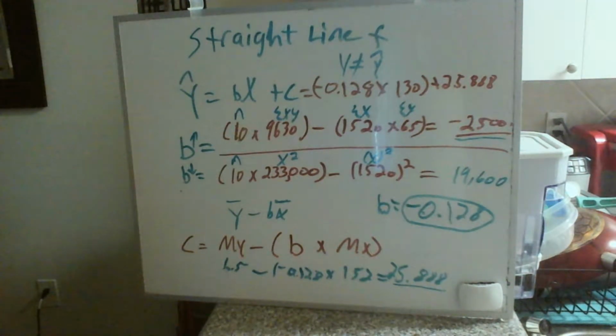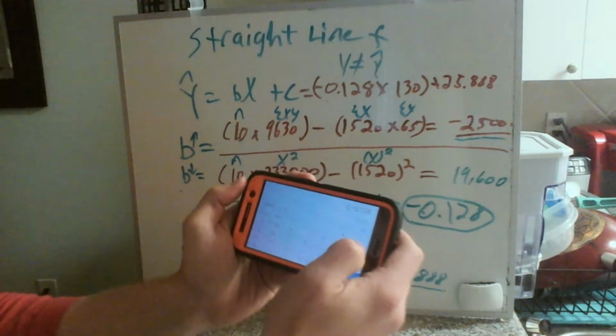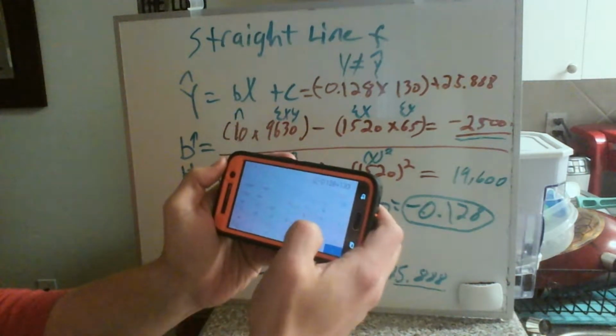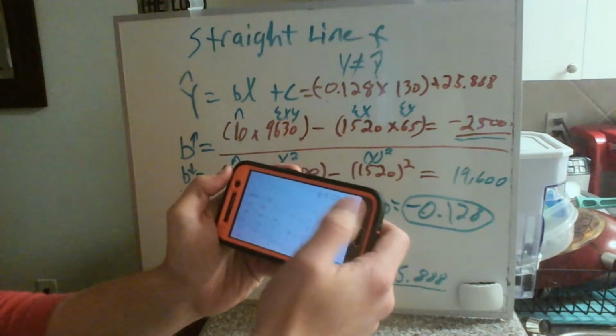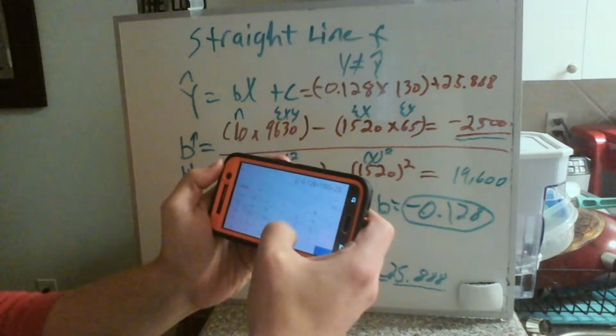Give me 1 second. Boom. Negative 0.128, I'm going to rotate my phone because it just helps me that way, times 130, which was one of the weights in the X category. We'll close that parenthetical, plus 25.888.